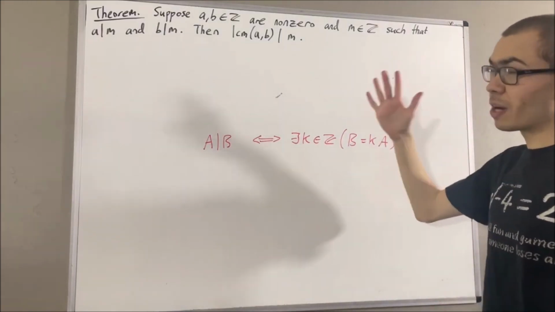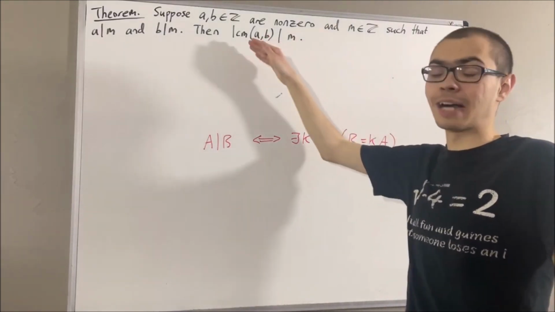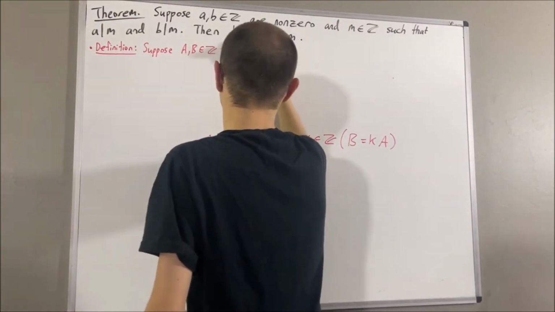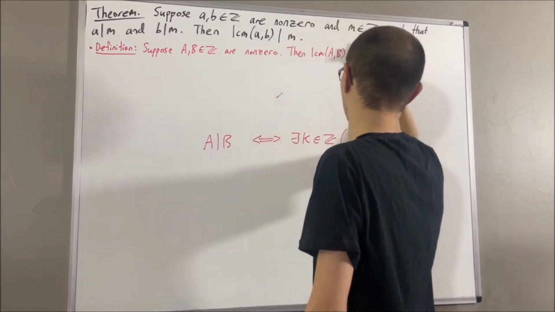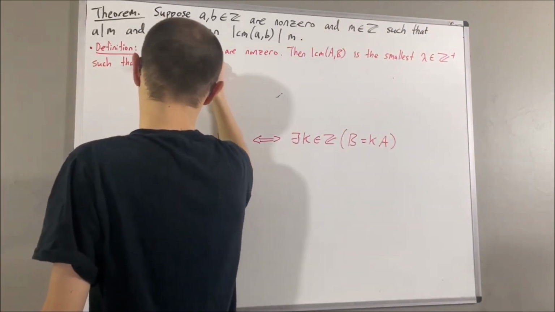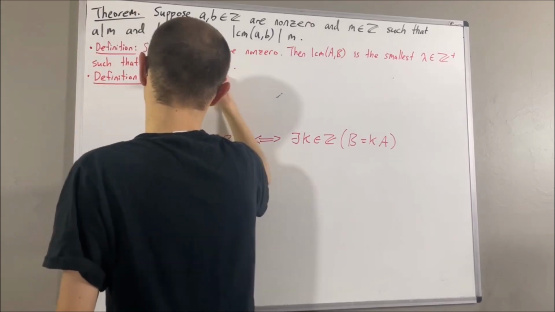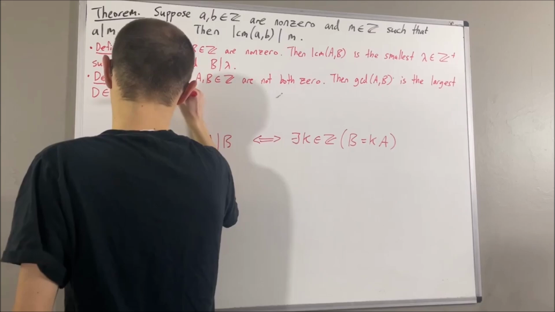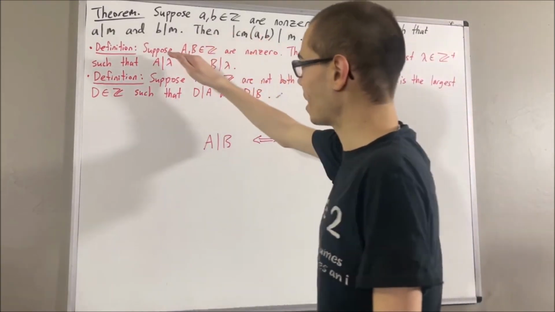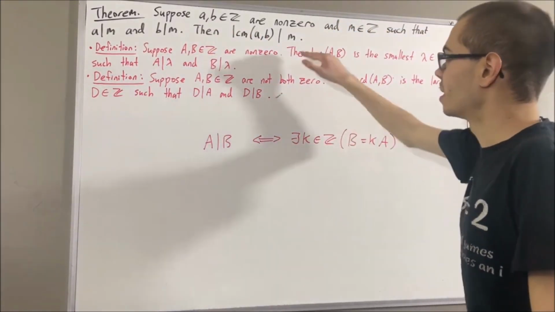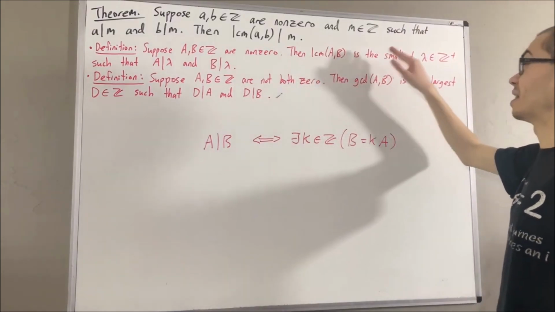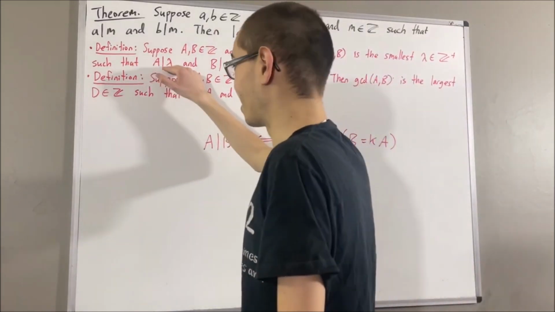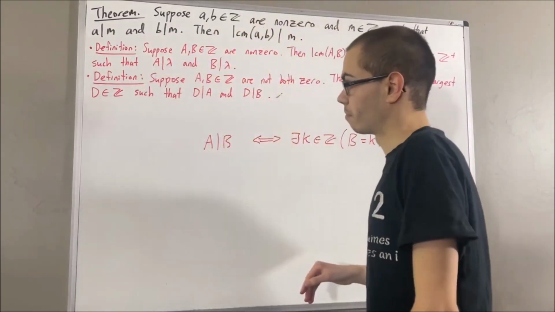So now, let's remind ourselves of our definitions of least common multiple and greatest common divisor. Suppose a and b are non-zero integers. Then the least common multiple of a and b is the smallest positive integer, lambda, with the property that a divides lambda and b divides lambda.